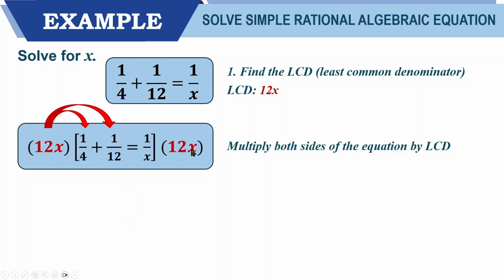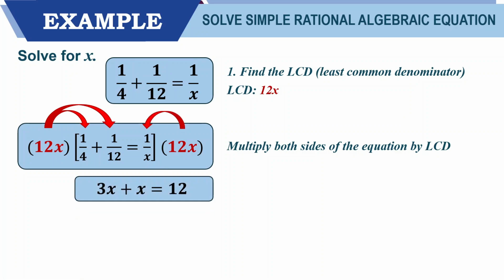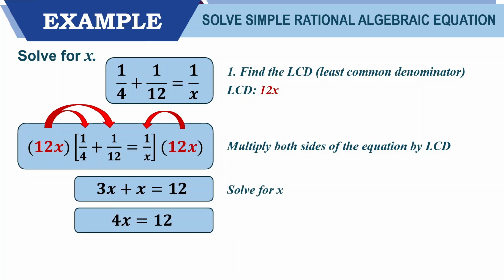On the right side, 12x divided by x is 12 times 1 is 12. Therefore, we will have 3x plus x equals 12. And simplifying, 3x plus x is 4x equals 12. Now, dividing both sides by 4, we will get x equals 3.